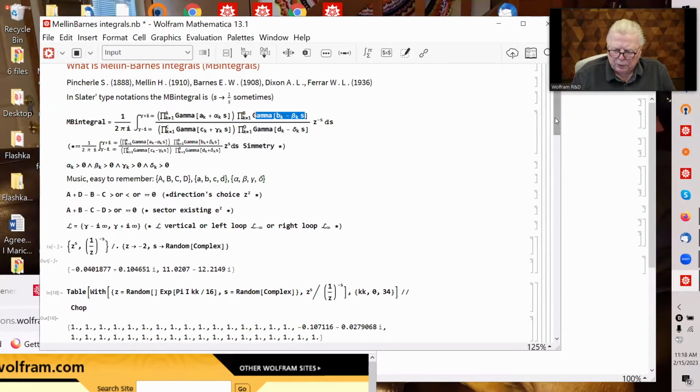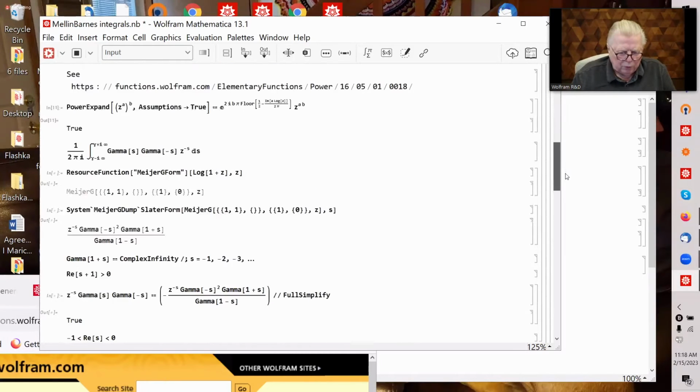For example, below example, pole s equals 0. We cannot say we cannot stand a place between 0 coming from here and 0 coming from here.